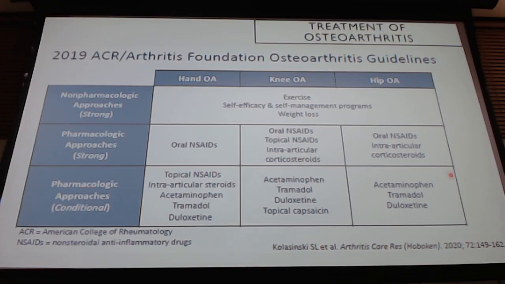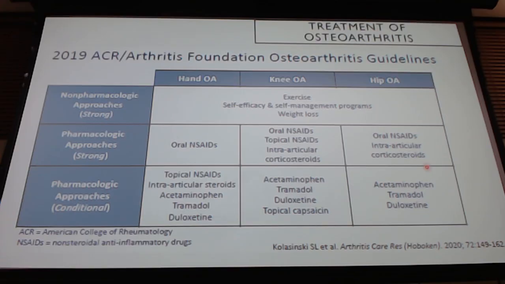The way you're reading this is it tells you the evidence, how strong that recommendation is. So this says I have a strong recommendation that if somebody has any type of hip OA, they could use an oral NSAID, or I can give them injections with that corticosteroid. Okay.